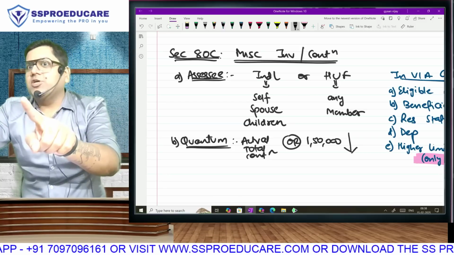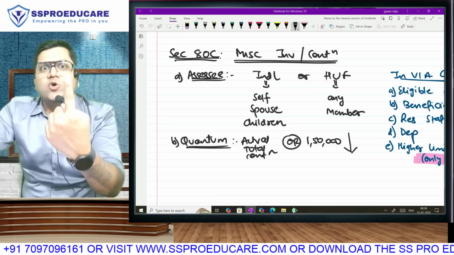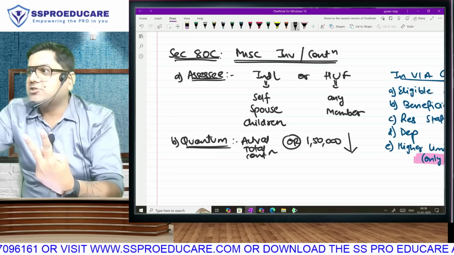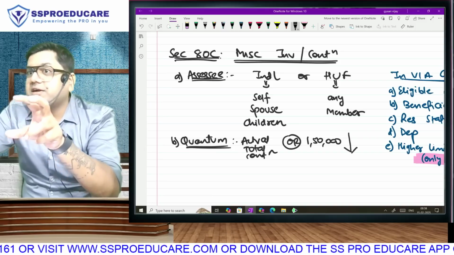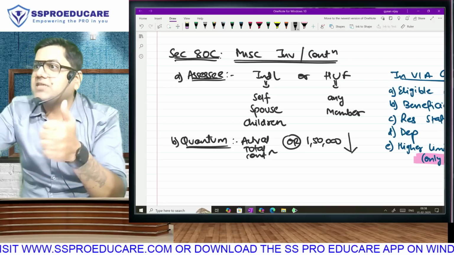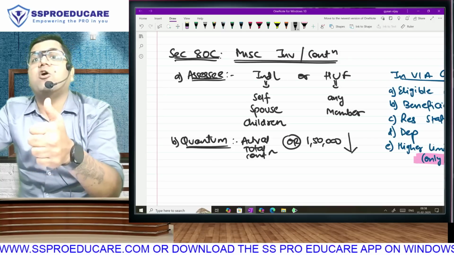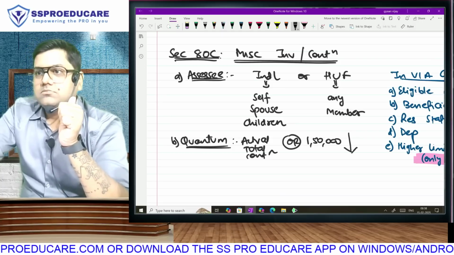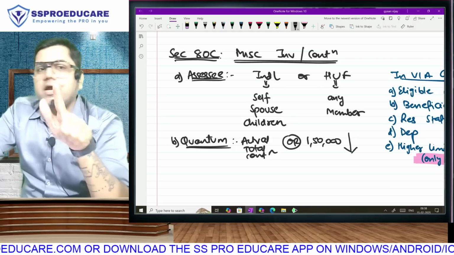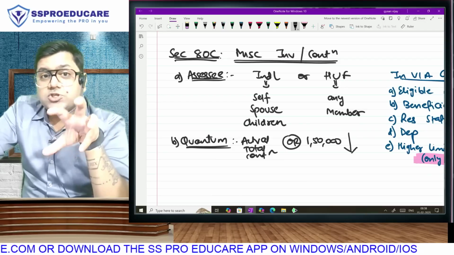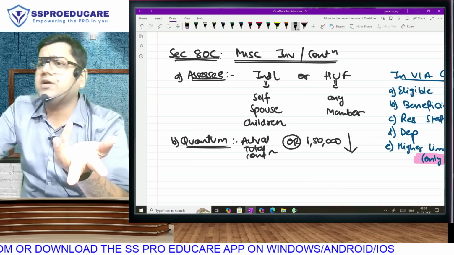But if they abolish the old regime, there is no tax benefit on life and medical insurance, and the middle class stops taking life and medical insurance in the greed of the new regime. That is a disaster. One, the habit of savings and investment will go away, and the concept of your family's safety will be over. Two, who is the biggest investor in the equity markets of our country?